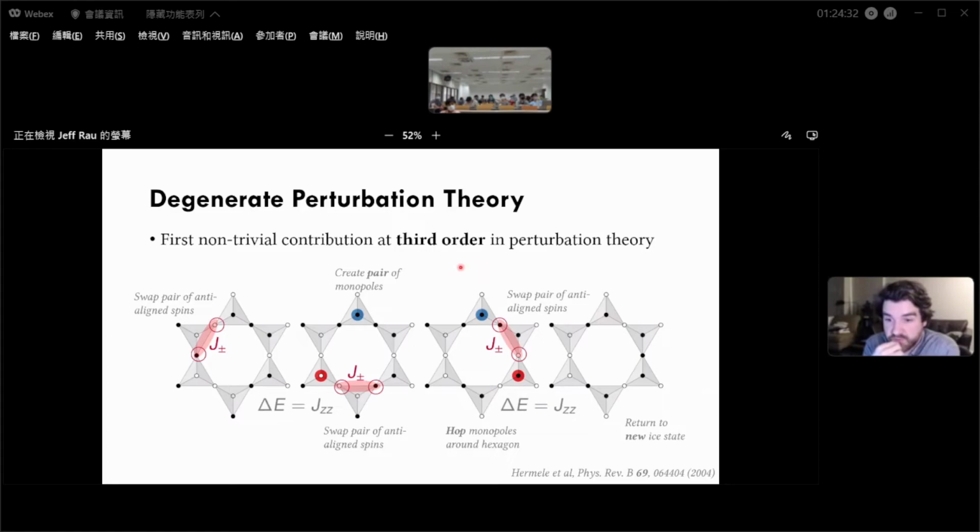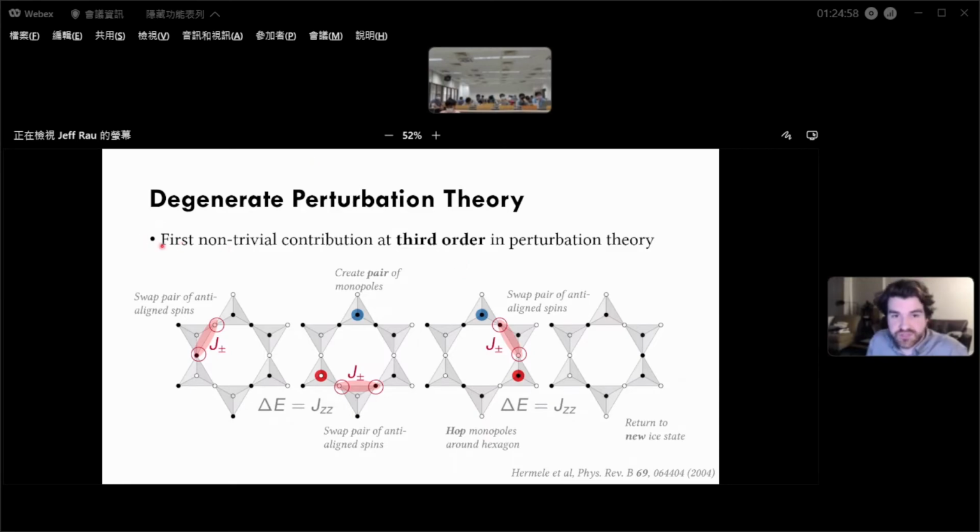So usually in degenerate perturbation theory, you're taking an initial state in your manifold and applying your perturbation, right? That will generate typically a state outside of your manifold at some energy cost, and you keep applying your perturbation until you end up back in a state in your degenerate manifold, right? And so this can give you sort of trivial terms, constants, or this can give you non-trivial terms which connect different states from your degenerate manifold.